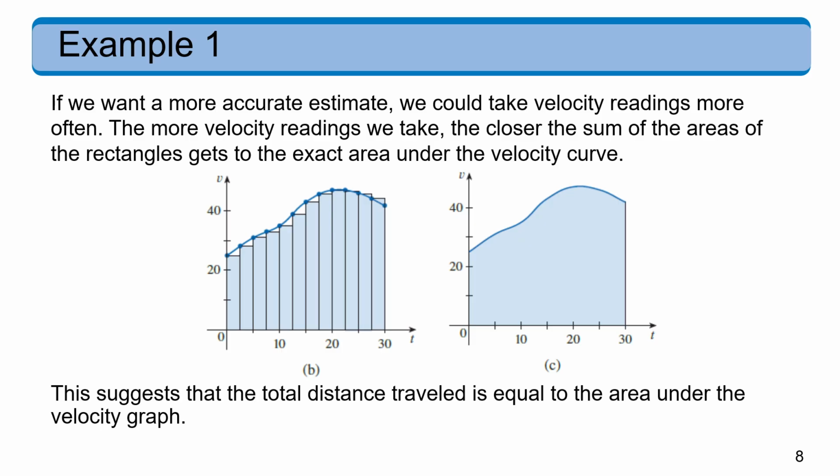We don't know, for example, the velocity at time 1 second, or 3 seconds, or 4 seconds, etc. And without that information, we can't get 100% accuracy. We can only estimate the distance traveled. So if we wanted to make our estimate more accurate, we should take velocity readings more often.